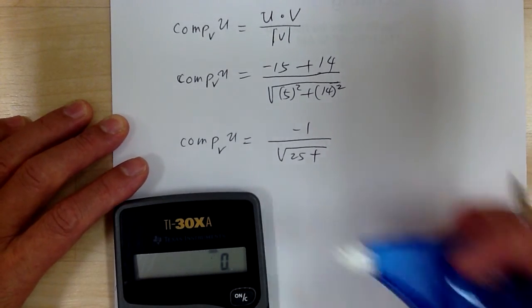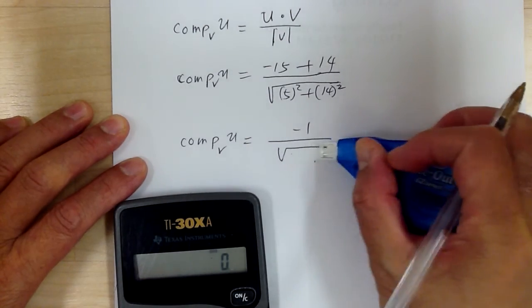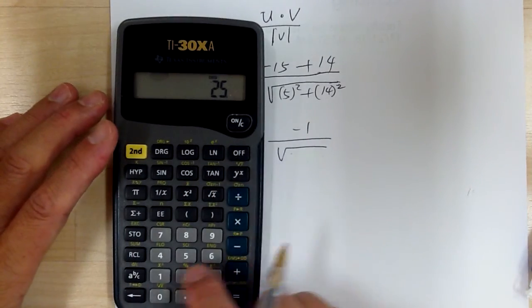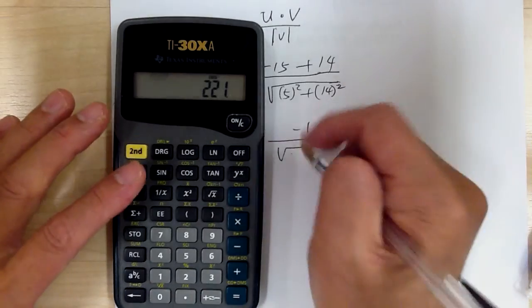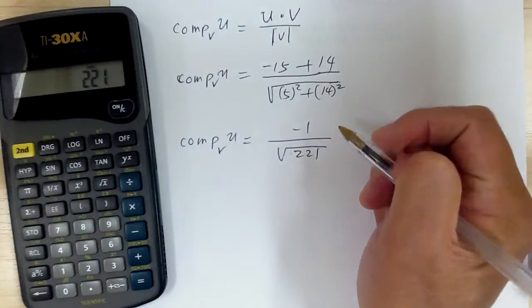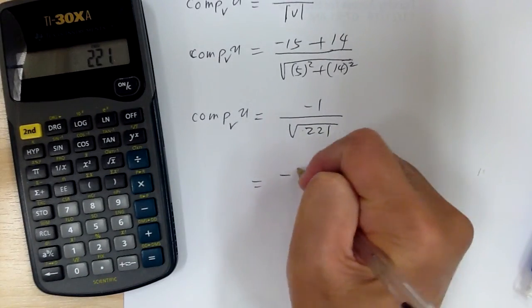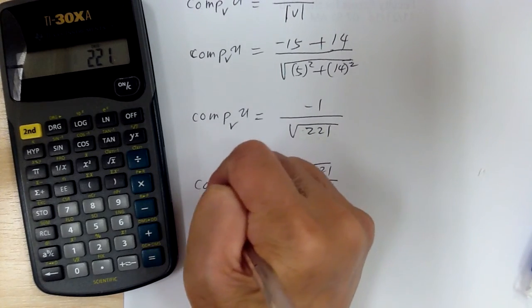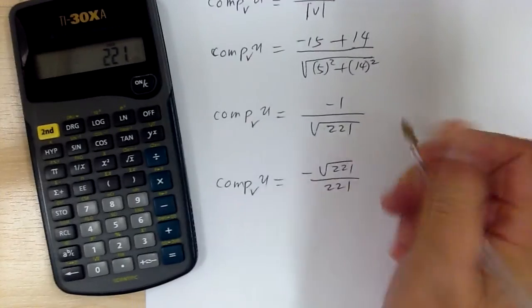Let's just add this together already: 5 squared plus 14 squared equals 221. And so this will equal negative square root of 221 over 221. And that's it.